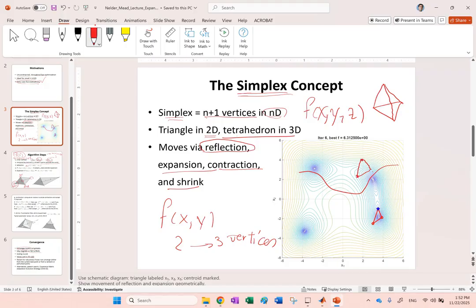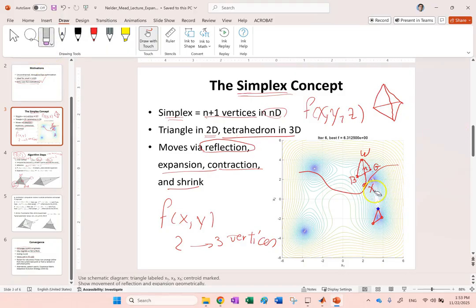So what are these points here? This point that has the lowest one, this is your best. This point that is the highest one, that's your worst, and this point here is the good. And let's say this is the centroid M. So you reflect it with respect to this, and you're going to end up here. So this is going to be your XR, your reflection point. In those notations, in that triangle, that was basically R, correct?